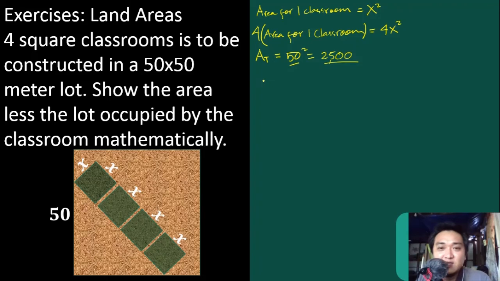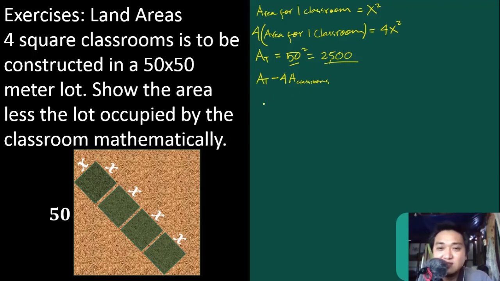So what will be our mathematical representation of the total area less the area occupied by 4 classrooms? Since it is the total area less the area occupied by the classrooms, so the total area less 4 areas of classroom.